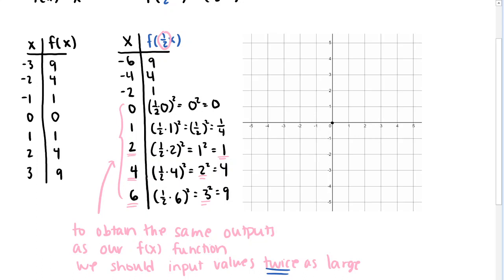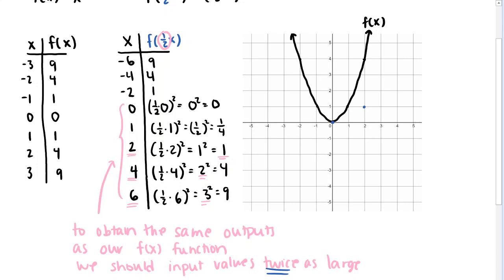Right, so here's my f of x function. And so we have to plug in twice as large inputs to obtain the same output. So really to obtain an output of 1, I needed to plug in an input of 2. Oops, sorry. Should be this point out here. Really to square 2 in this new function, I really had to plug in twice as large an input.